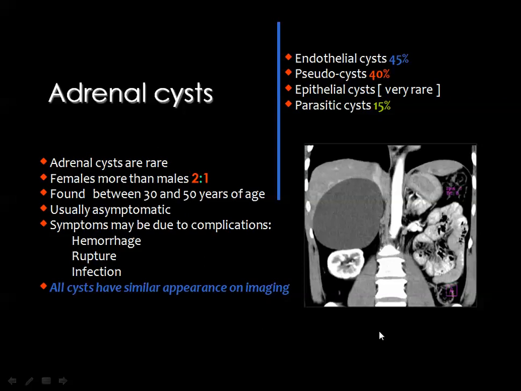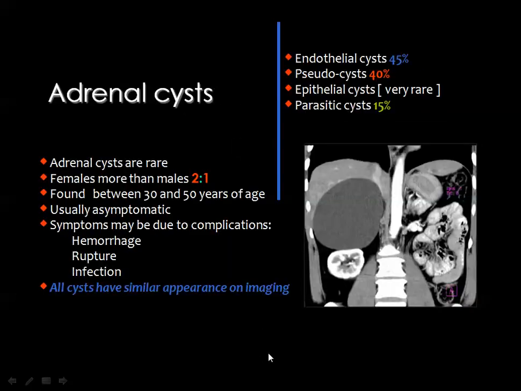And if the epithelial cysts are very rare, then you are in the differential diagnosis between these two types, the endothelial cyst and the pseudocyst. The pseudocyst is not a true cyst. It occurs following hemorrhage or following infection, and the endothelial cysts are the true cysts.